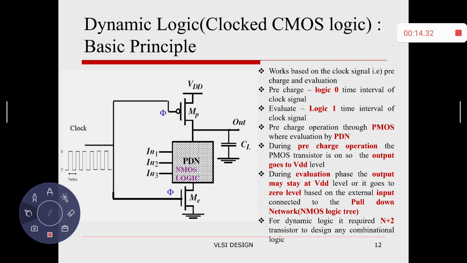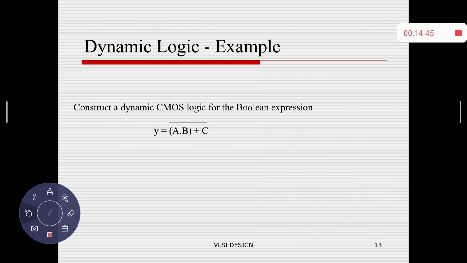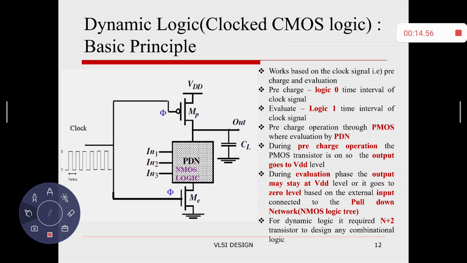Between the pre-charge operation and the evaluation operation, I need to connect n number of transistors in the place of the pull-down network. The expression consists of 3 inputs, so I need to place 3 NMOS transistors in the position of the NMOS logic.